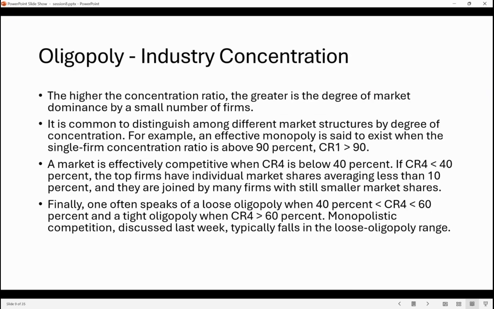How about the monopoly? For the monopoly, we need to come up with CR1, which is telling us the market share of the top firm in the industry, right? If CR1 is greater than 90%, we call that market or industry a monopoly.